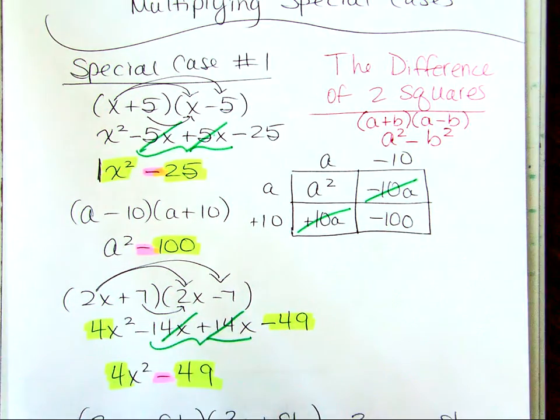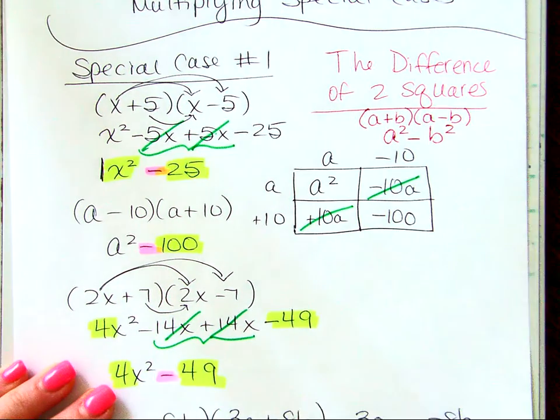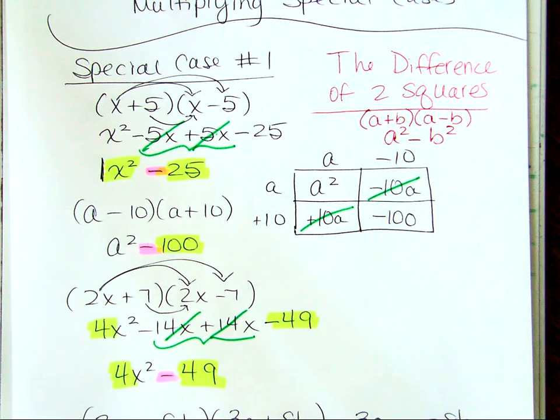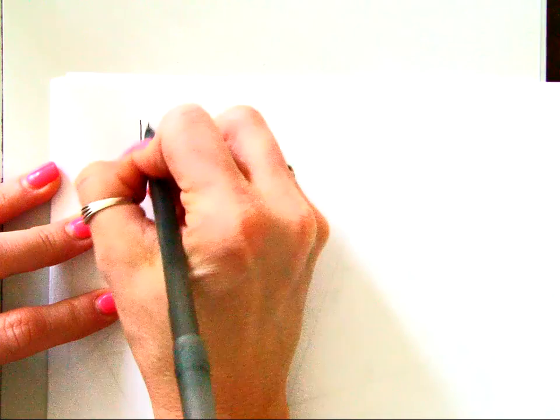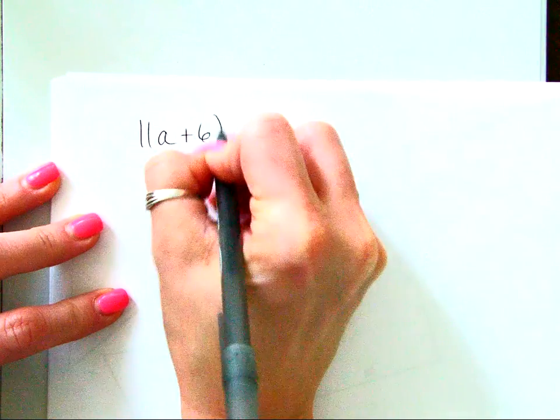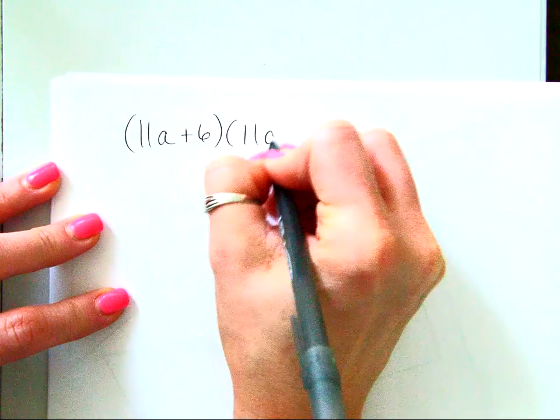So, for example, let's try to do a couple of these problems without showing the work. No box method. No double distribute. Not often that your teacher tells you, I don't want to see your work, right? So right now I want to see if you can apply that shortcut to this problem right here. 11a plus 6, 11a minus 6.